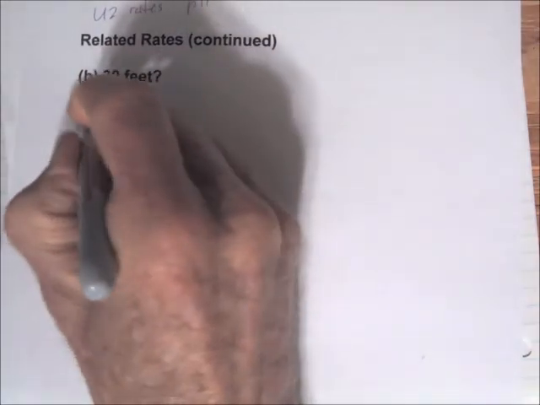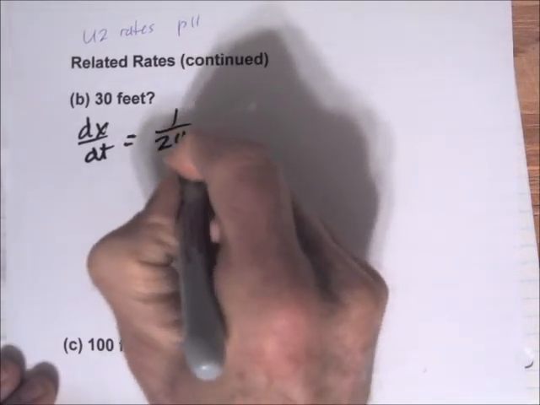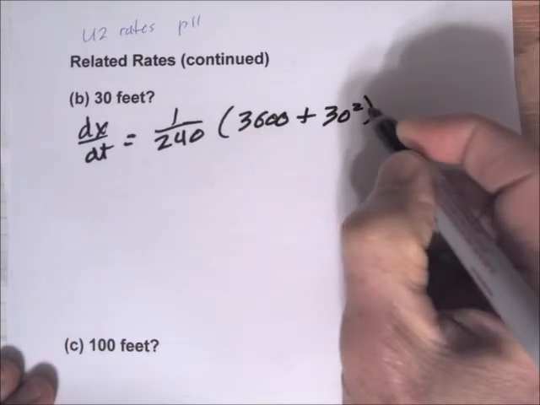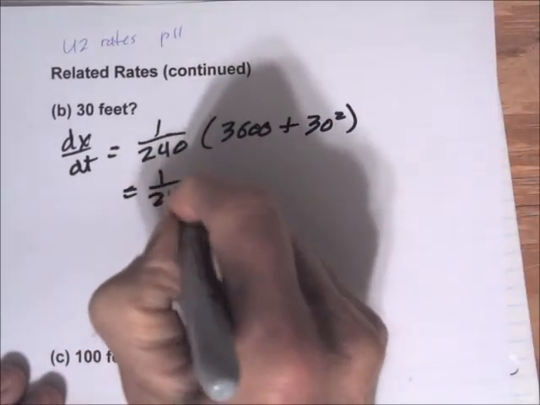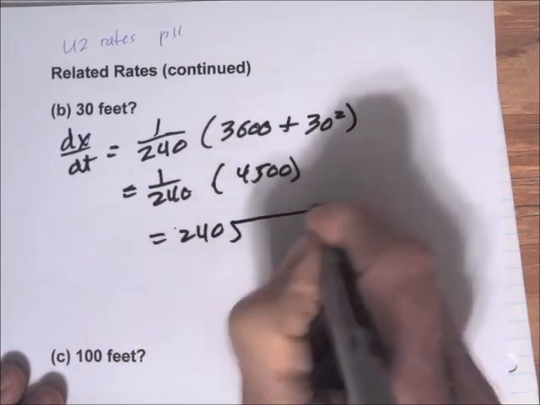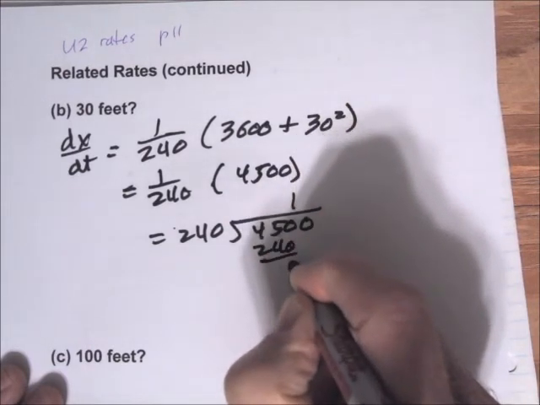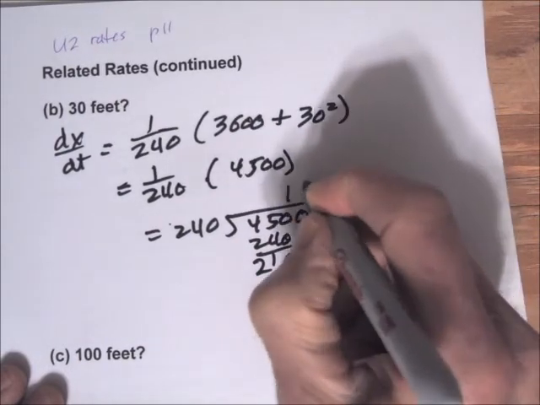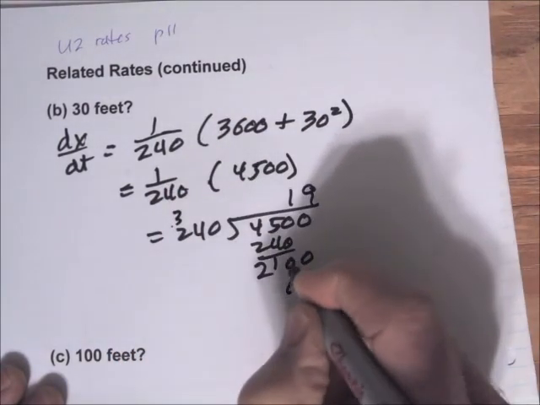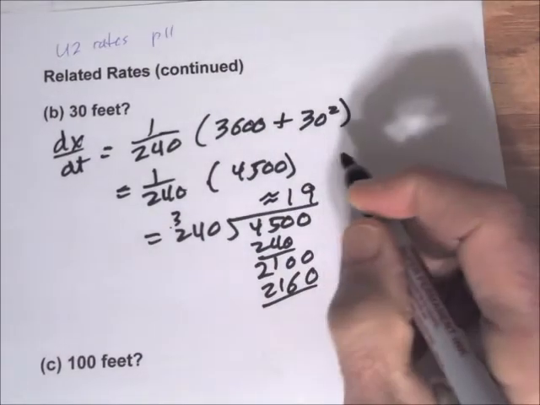So dx dt is equal to 1 over 240 times 3600 plus 30 squared. 30 squared is 900, so it's 1 over 240 times 4500. 240 into 4500, it's close to 19, 9 is a little too big, right? So it would be approximately 19 feet per second.